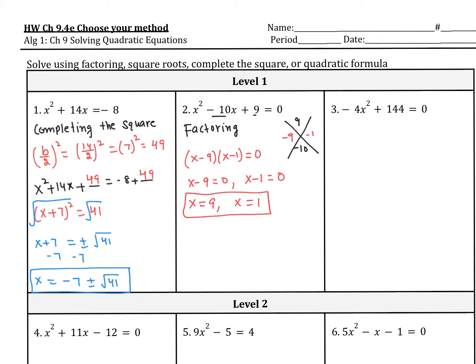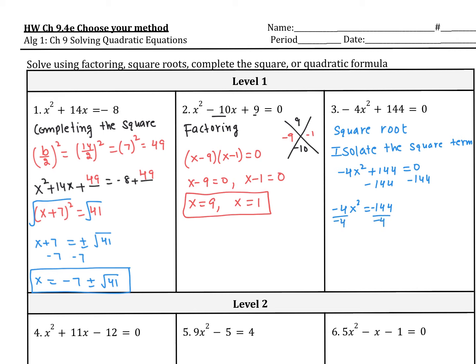For number 3, I'm going to use the square root method. For the square root method, you're going to isolate the square term. So negative 4x squared plus 144 equals 0. Subtract 144. Negative 4x squared equals negative 144.